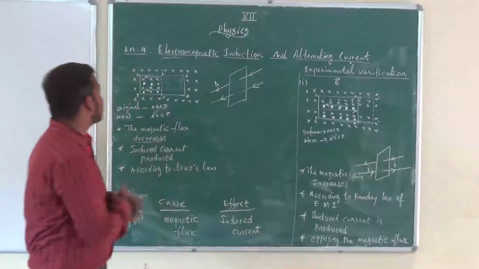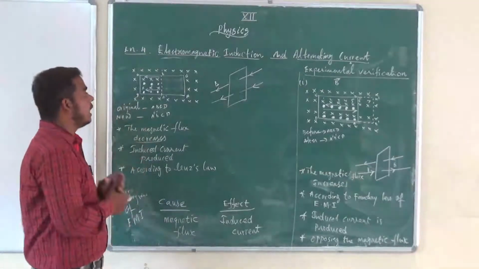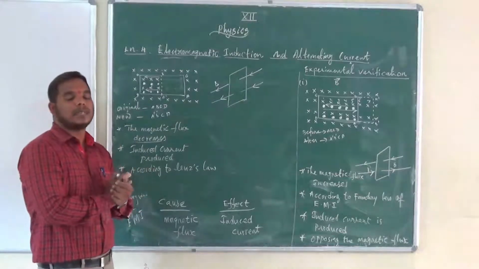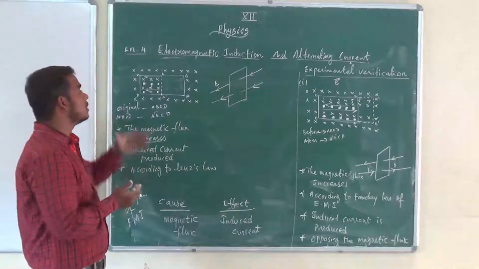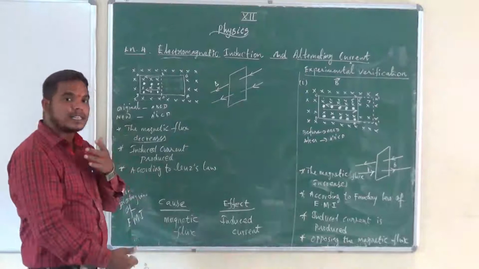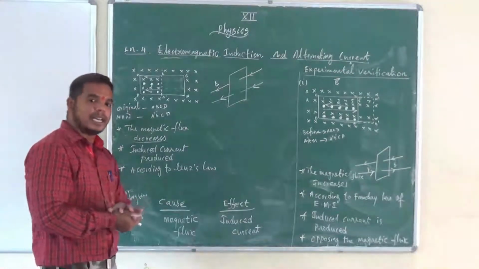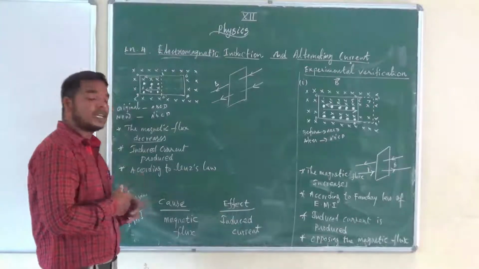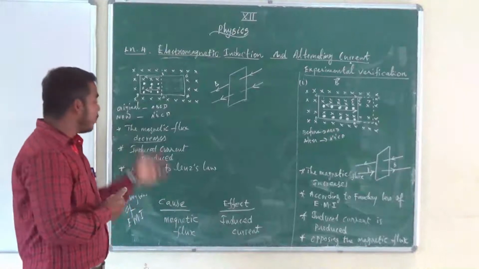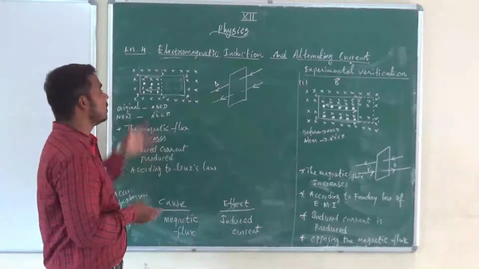Next, for the second experimental verification, the same uniform magnetic field, I kept a rectangular loop. Now I want to reduce the length of the rectangular loop. At that time the magnetic flux decreases. When the magnetic flux decreases or increases, according to electromagnetic induction, an induced current is produced. According to Lenz's law, the induced current opposes the decreasing magnetic flux. How it opposes, we have discussed.